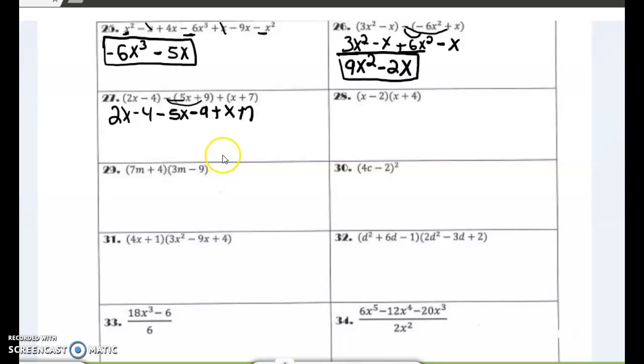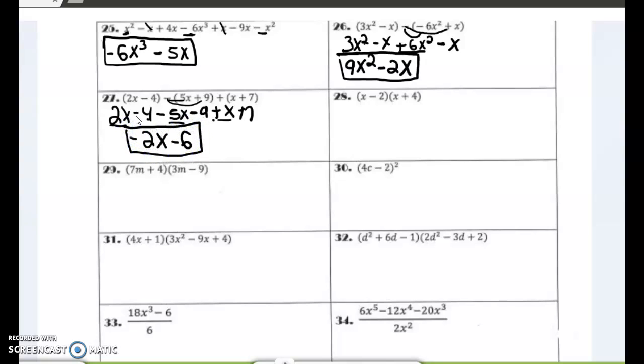Combine like terms, so we got what? 2x minus 5x would be a negative 3x, plus an x would be a negative 2x. Negative 4, negative 9 would be a negative 13. Plus 7 would be a negative 6. Okay.